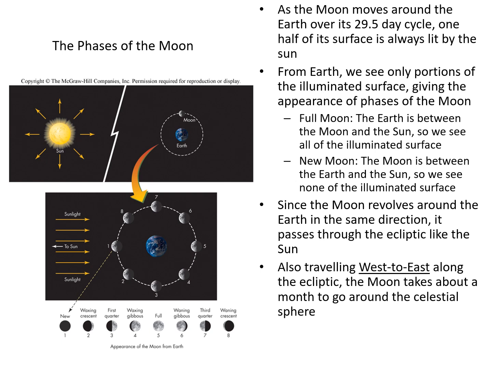So what is responsible for the phases of the moon? It's actually the motion of the moon, and the phases of the moon are connected. As the moon moves through its more or less monthly cycle, about 29.5 days, one half of its surface is always being lit by the sun. So the sun shines and lights up the part of the moon that is facing the sun.